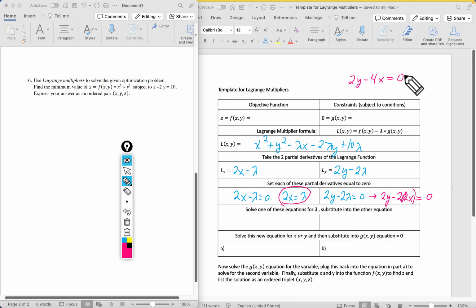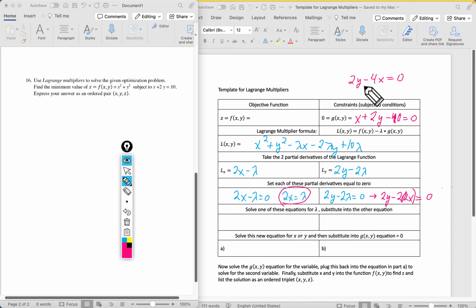So that's using that second one. What I do now is come back to this constraint function, which was x plus 2y minus 10 equals 0. So I need to solve this equation for either x or y.